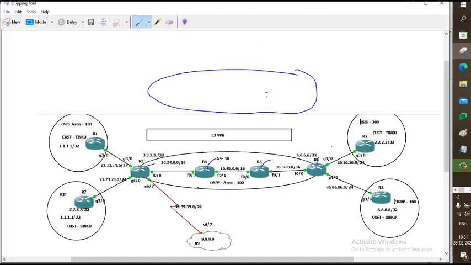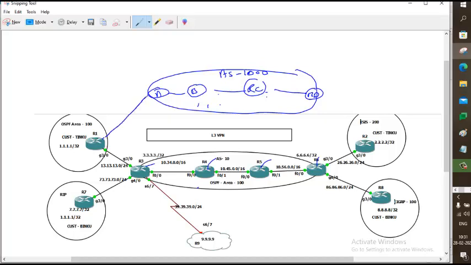Like R3, R4, R5, and R6, you will have some other routers RA, RB, RC, and RD. This is another ISP, maybe Autonomous System 1000.